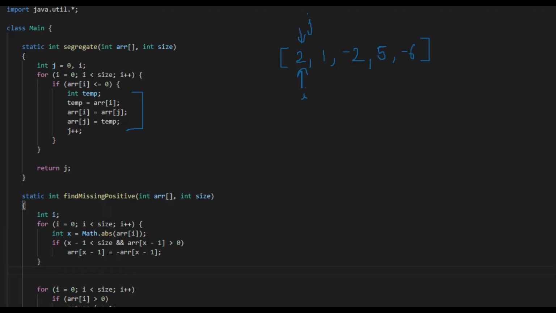So what will happen is, as you can see, i is the variable of the loop. So i will keep moving, and what we have to do, once at ith index we find the negative element, we will swap it with the element which is present at the jth index, and then we will move both our pointers ith and jth.